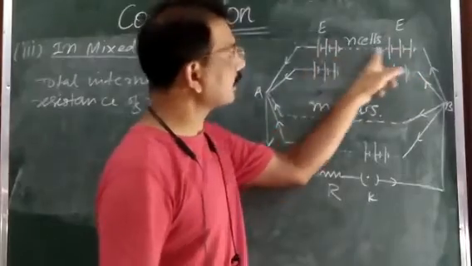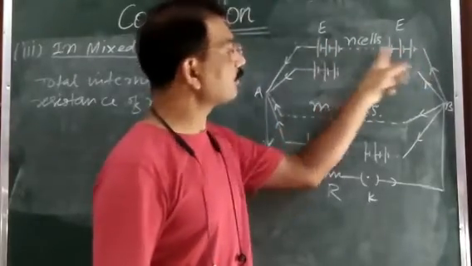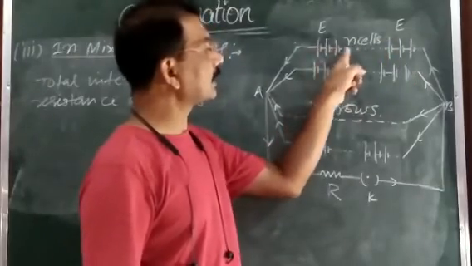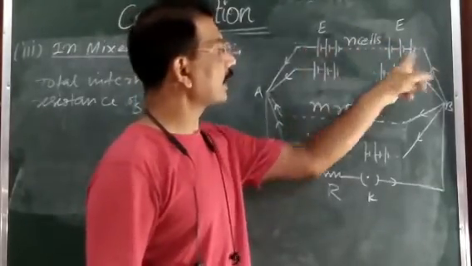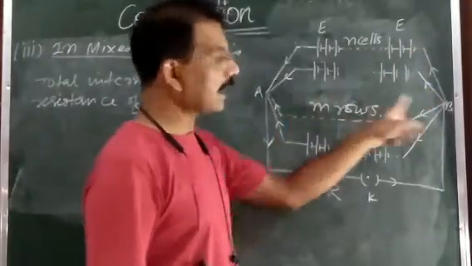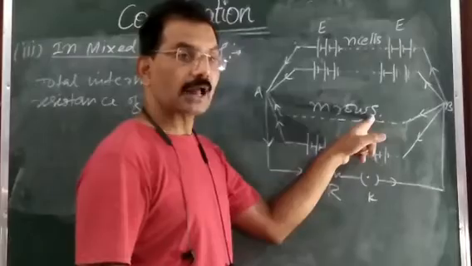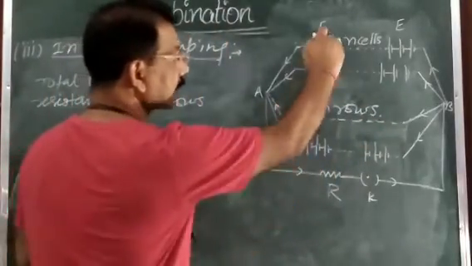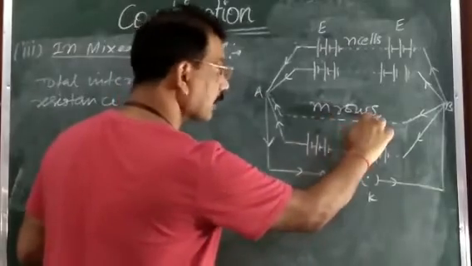Since all these cells are joined in series, the total internal resistance of n cells in one row will be nr. Each row also has nr. How many times? m times. So nr is connected in parallel, m times.